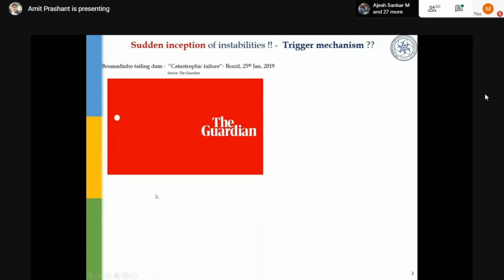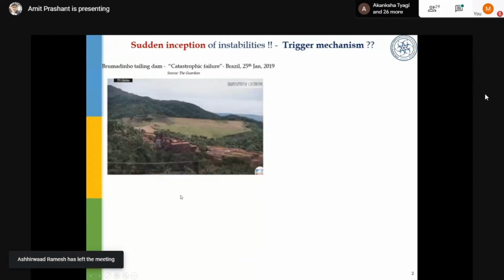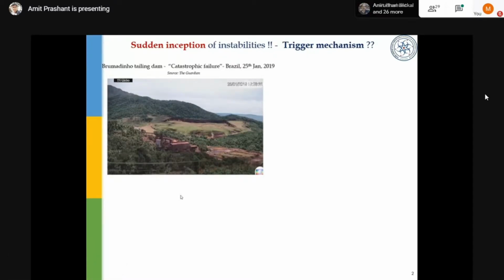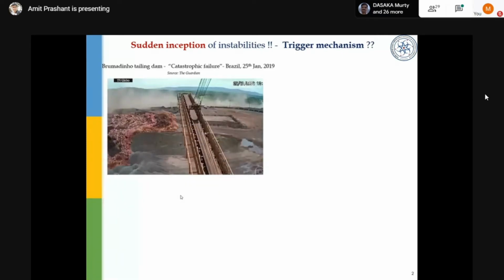I hope you are able to see that video. The message from this is that it triggers suddenly, but there are various modes of instabilities that get mixed. It's not one mode that we generally refer to as strain localization, but multiple modes go into mixing with each other, one after another, and that evolves how the material is going to behave after failure.